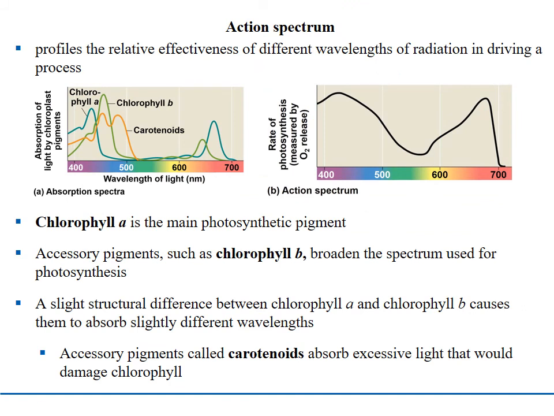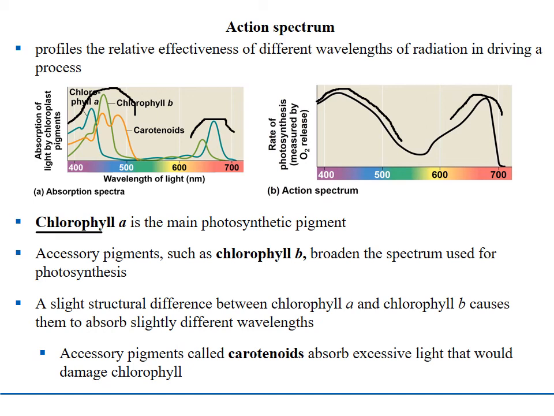Action spectrums relate directly to absorption spectrums. When you look at the action spectrum, you'll see that the rate of photosynthesis is highest in these areas that match the areas of highest absorption in chlorophyll A and chlorophyll B. And you have this double peak where you get the absorption down in these red areas as well.